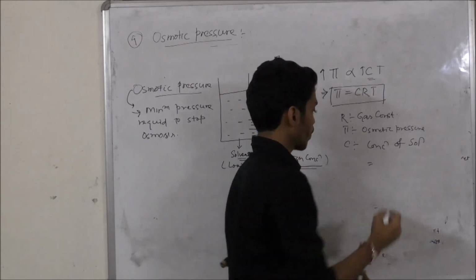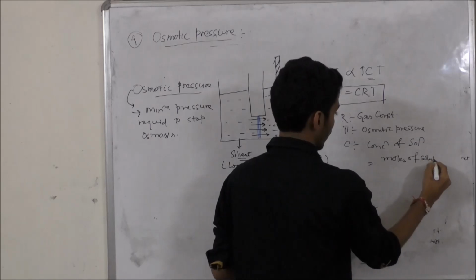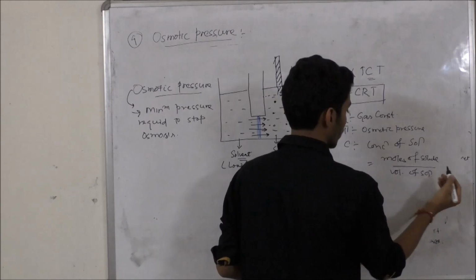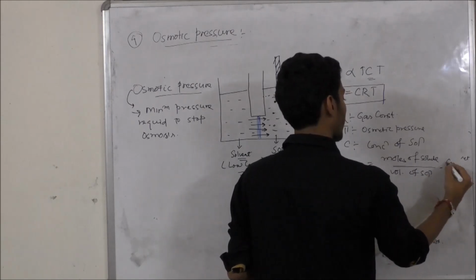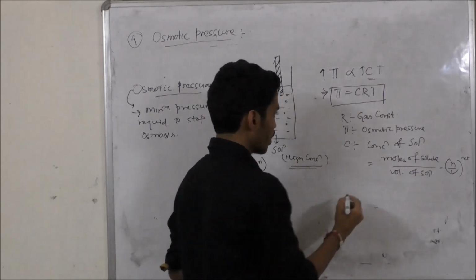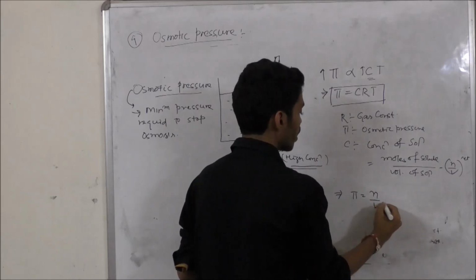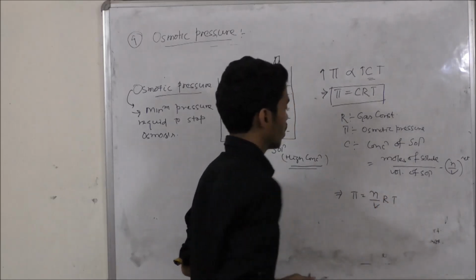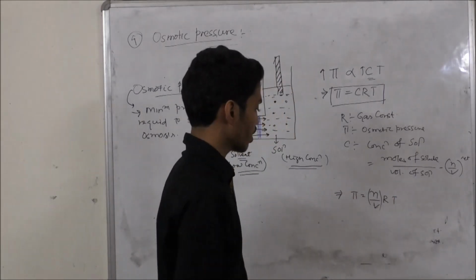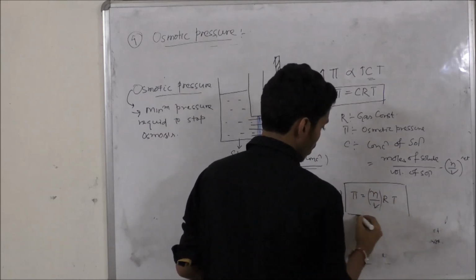Moles of solute per unit volume, moles of solute by volume of solution. That you can write as n by V, where n is moles of solute and V is volume of solution. So what will be the final equation? Pi equals n by V RT. In place of concentration, we wrote n by V. So this is the final equation.